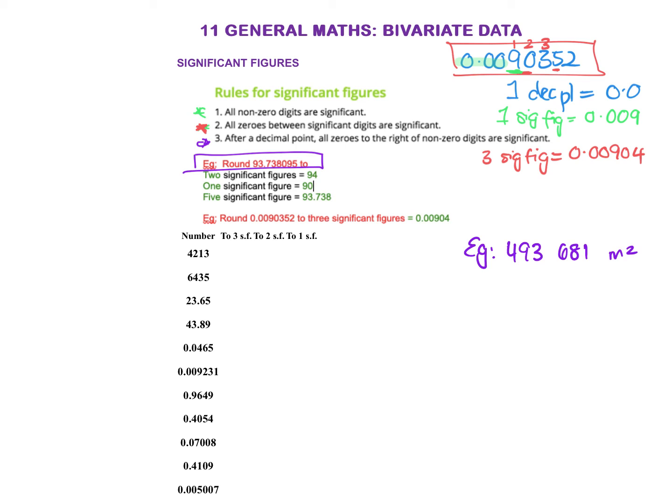Here, we've got to be careful now. If we say two significant figures for this one, we have to start counting as soon as we have non-zeros. So here, we got 1, 2, we count. I would look at the third one, and because it's a 3, that 9 doesn't change.